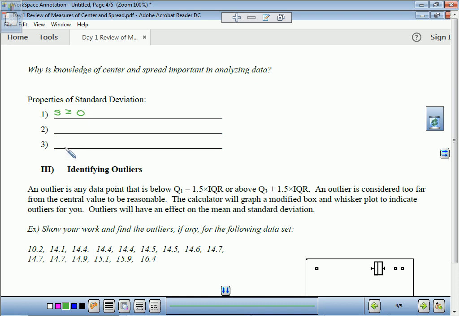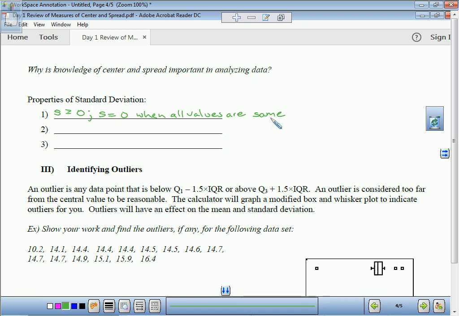No, because they're all the same number. So the only time it's going to equal 0 is when all values are the same. That is the only time your standard deviation will equal 0. I don't think I've ever analyzed data where my standard deviation was 0.